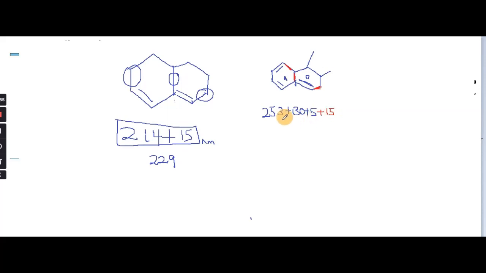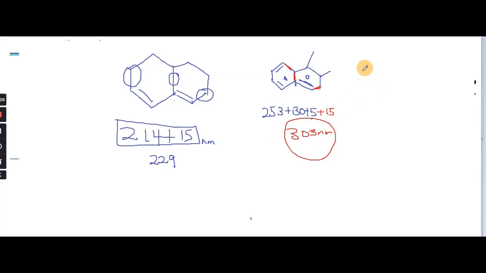So we have 253 plus 30, then plus 20. That gives us a value of 303 nanometers. That means this compound will absorb at 303 nanometer wavelength.